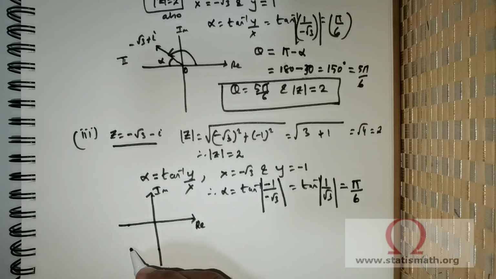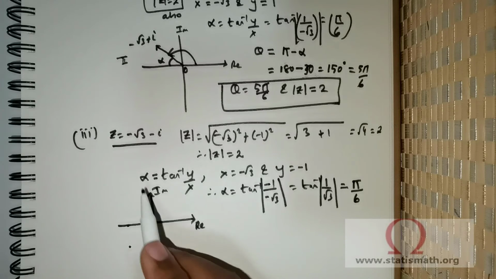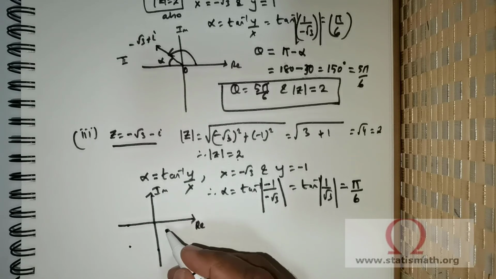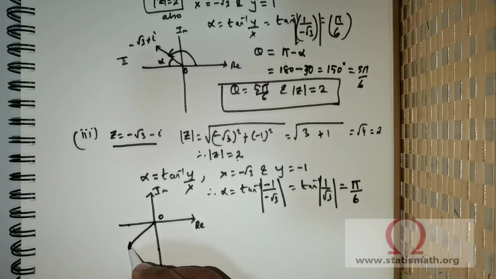So the complex number would be featuring over here. The amplitude, or in other words the magnitude, is 2 units. So you have to stretch from the origin 2 units. So r is equal to 2.